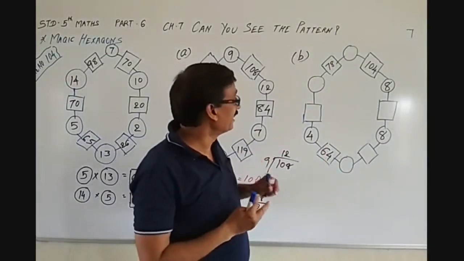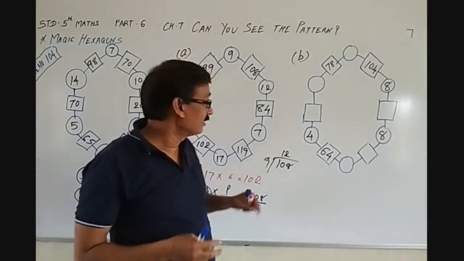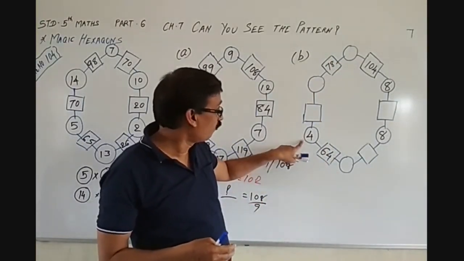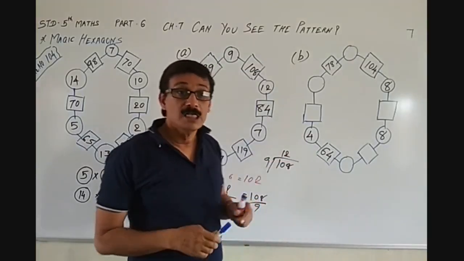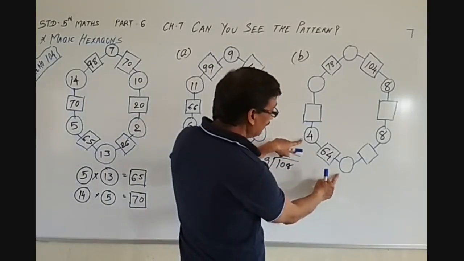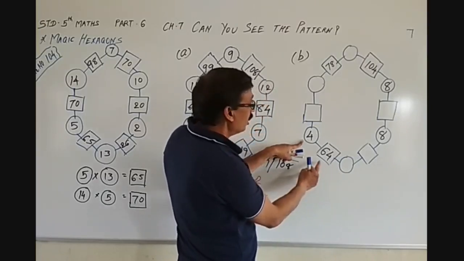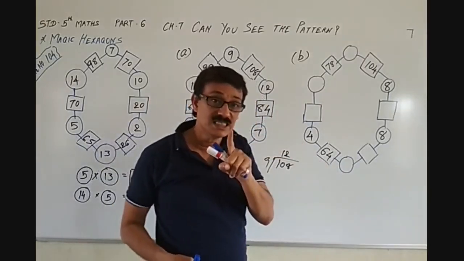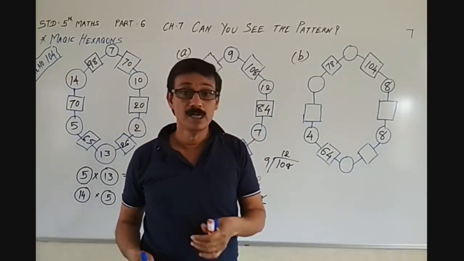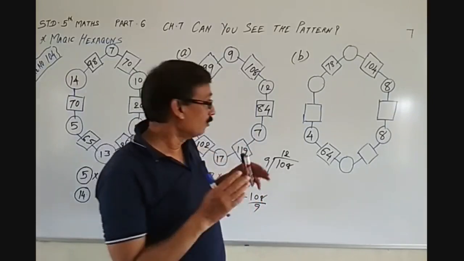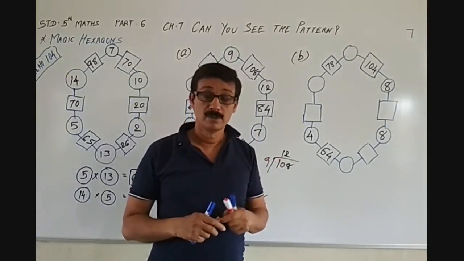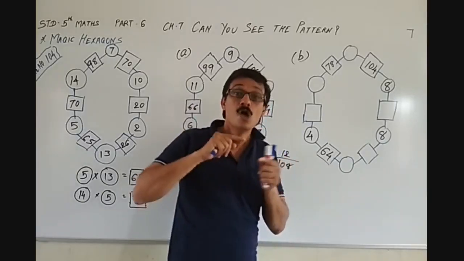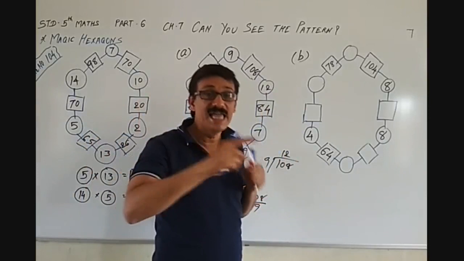Here also we find that nothing is there in these two circles. But we have these two numbers, 4 and 64, isn't it? So if there is nothing in these two circles, then what should we do? We should divide 64 by 4. So now go for the table of 4, from 4 ones are 4 to 4 twenties are 80, like that.